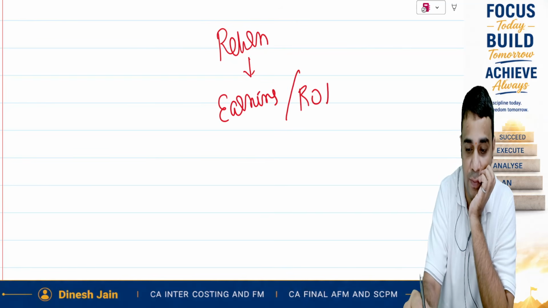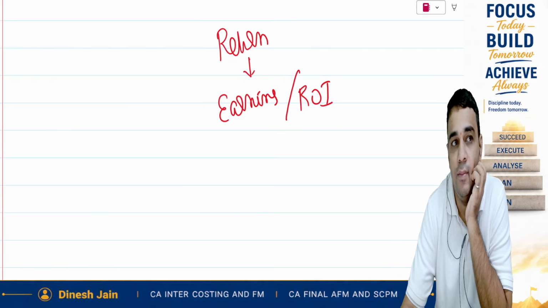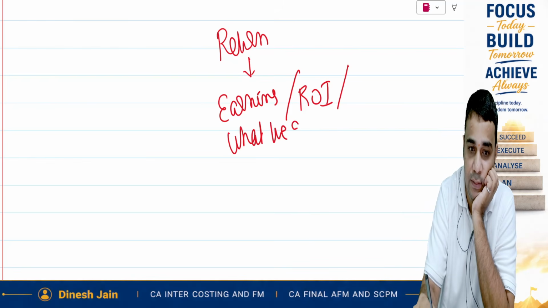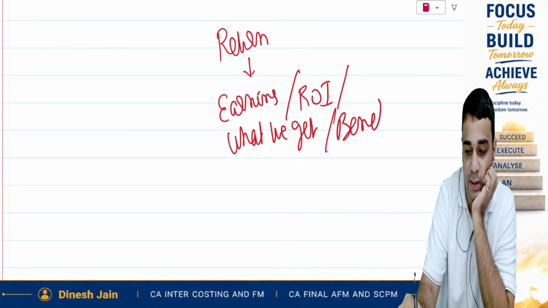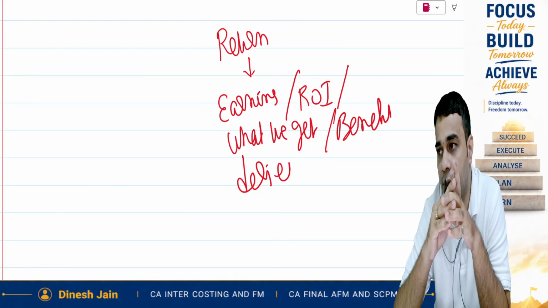Return on investment, okay. What else do you mean by the term return? What we get. Benefit derived. All are return. Whatever you have said is basically the term return.